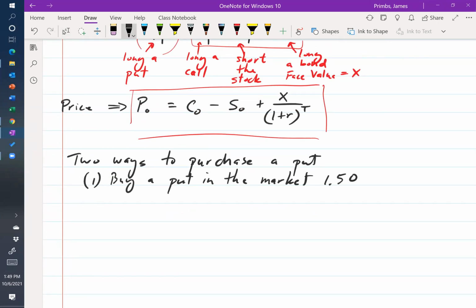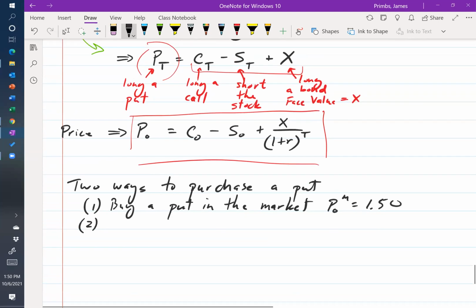Let me write this down again. P0M is equal to $1.50. Okay, so that's the first way. If I want a put, I can just go buy one, and I look up the premium, and it's $1.50. There's a second way to buy a put. What is the second way to buy a put? It's to use put call parity.